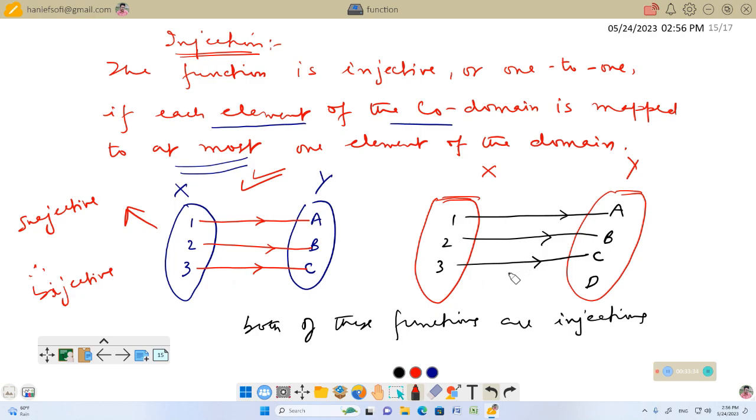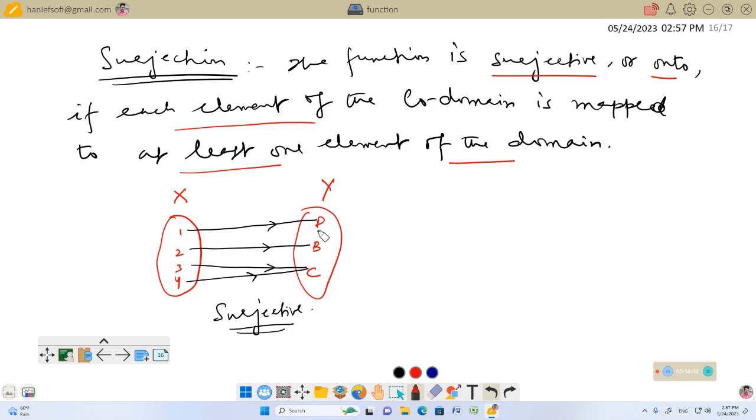So let us talk of this function. You see, in this function, it is injection, as we discussed previously. This function is an injection, but this function is not a surjection, so it is non-surjective. Why? Because in surjections, you have no element in the set Y which is not mapped.